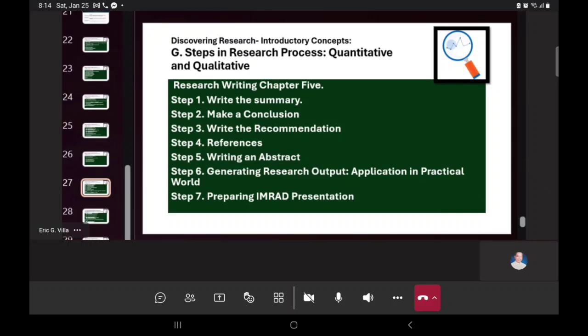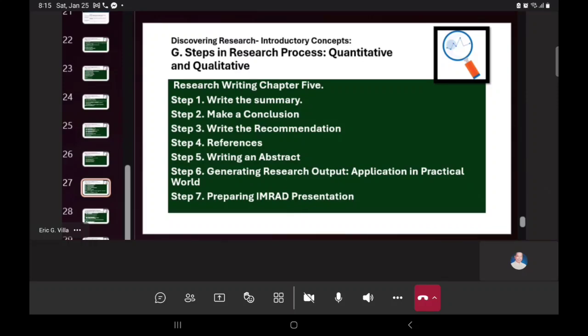Step 3 is the recommendation development. Based on the research findings, specific recommendations are formulated to address practical applications of findings, future research direction, solutions to identified problems, and implementation strategies.